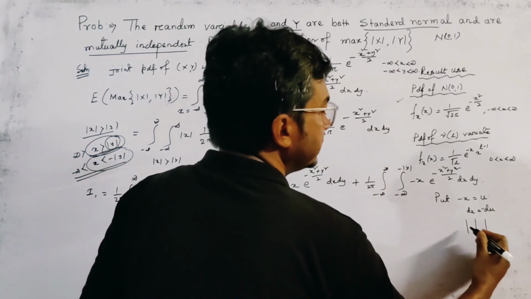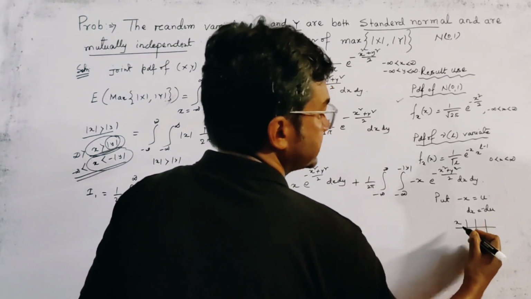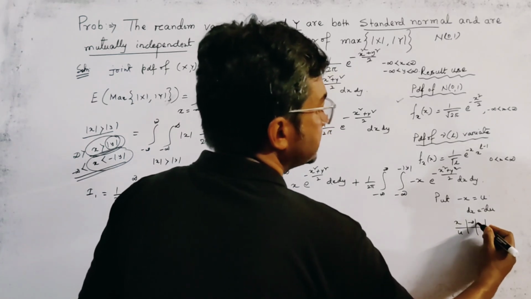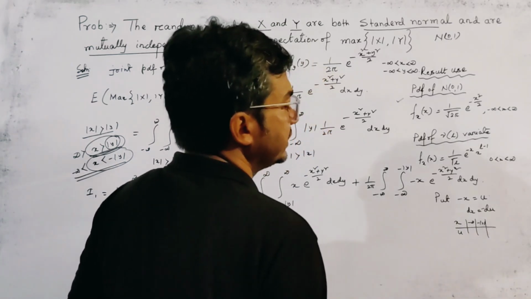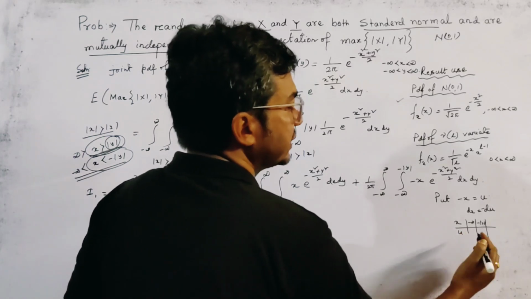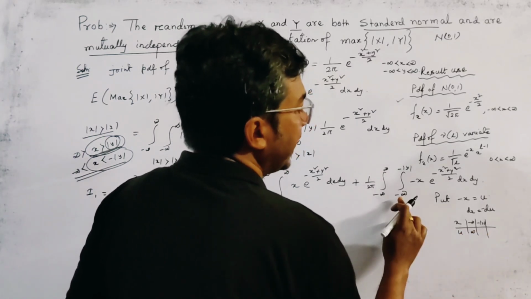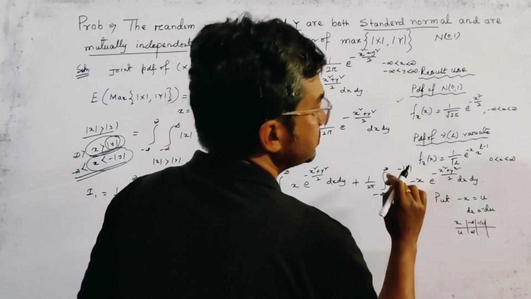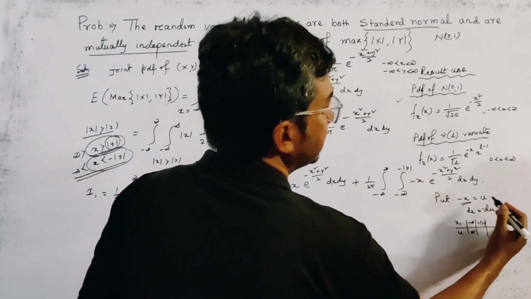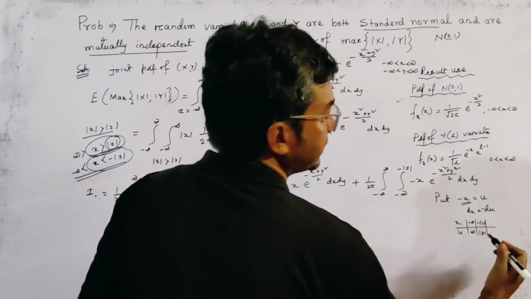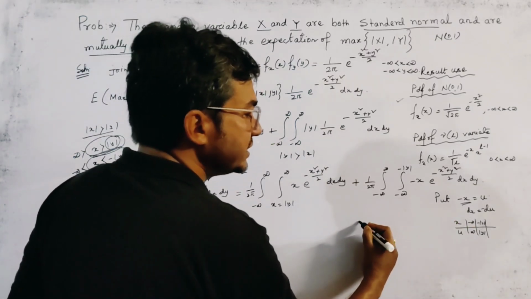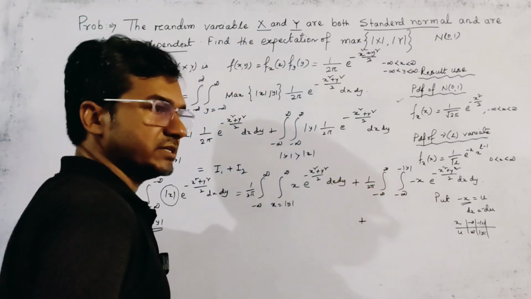And the range of x becomes: when x is minus infinity, u is infinity, and when x is minus mod y, u is given by mod y.